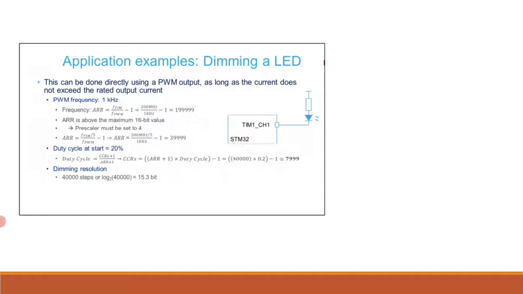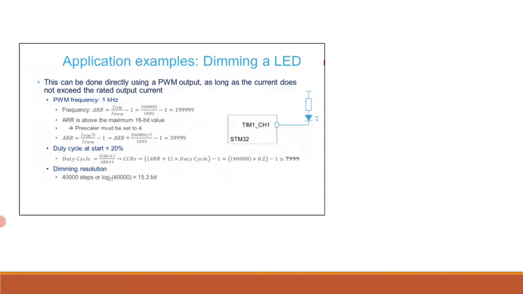When doing the ARR value computation with no prescaler and a timer operating frequency of 200 MHz, the result is 1999999, which is above the 16-bit range that can be used with timer 1.